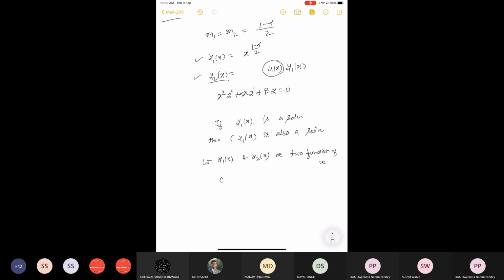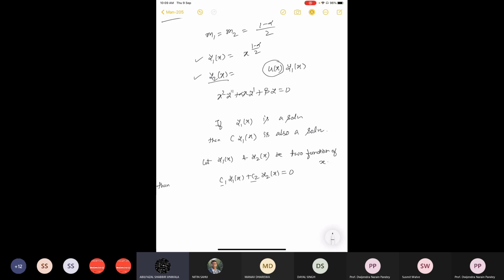If we have c1 y1(x) plus c2 y2(x) equal to 0, and at least one of them is non-zero. In that case only y1 and y2 are linearly dependent. Is there any other definition we know? If y2 is related to y1 by some function u(x), then they are not linearly dependent.